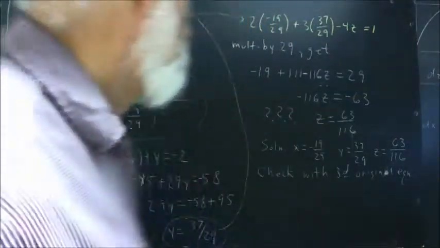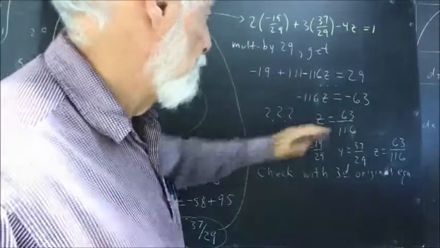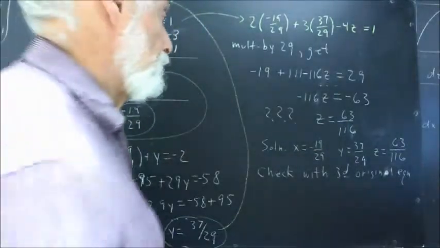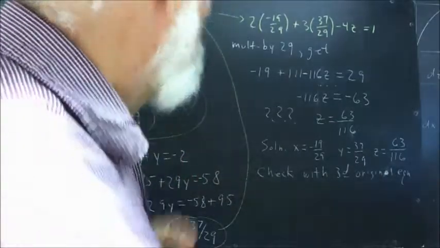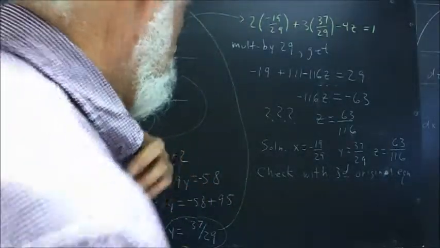We get this, which we just solved. Hopefully we solved it correctly, and we get this. If you got something different from what I got, that's okay. Yeah, maybe you're right.